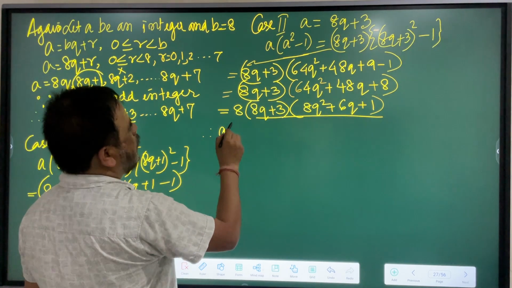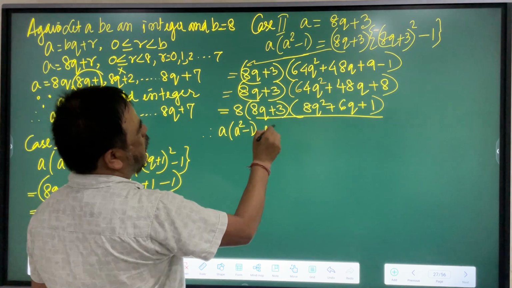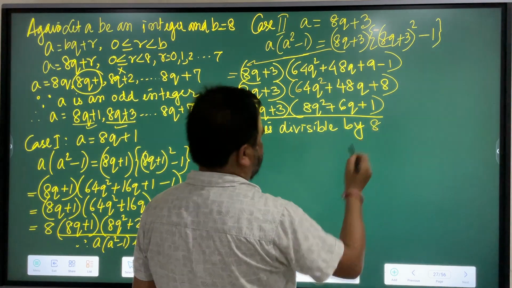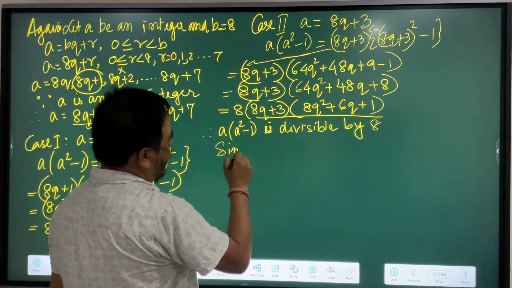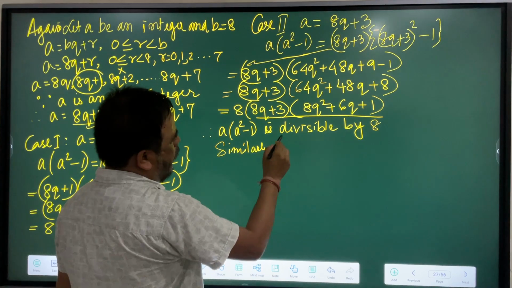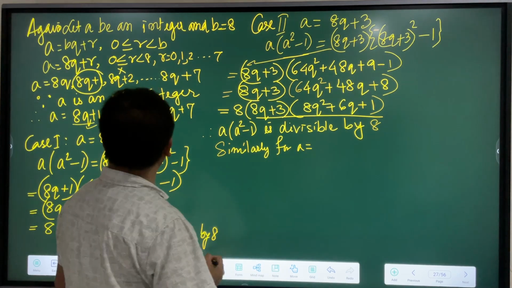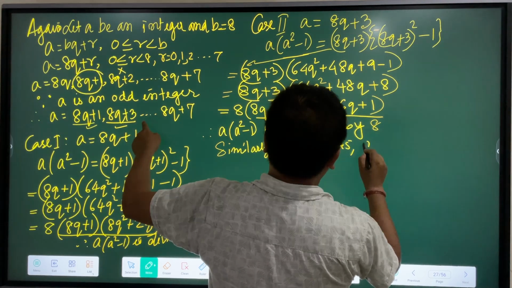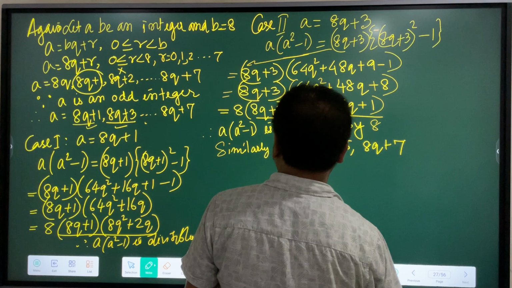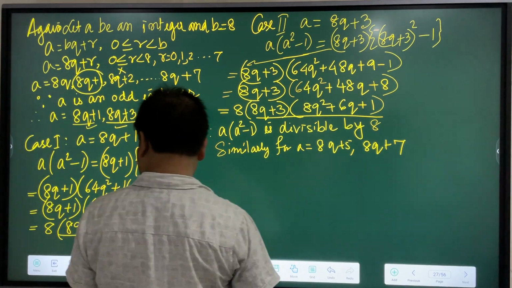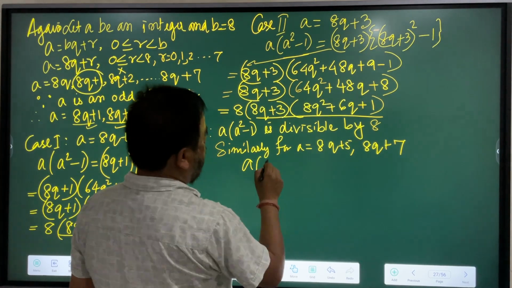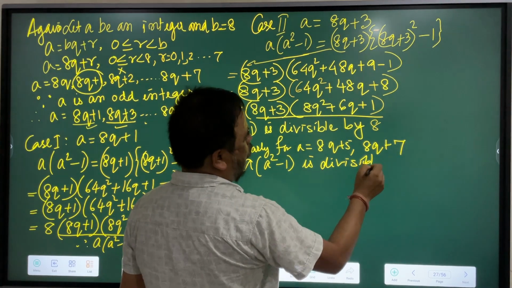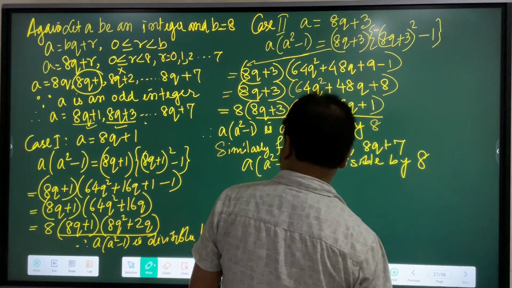So A into A square minus 1 is divisible by 8. Similarly, for A equals 8 cube plus 5, 8 cube plus 7, A into A square minus 1 is divisible by 8.